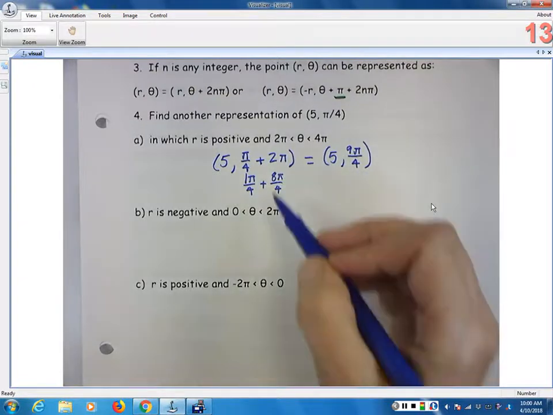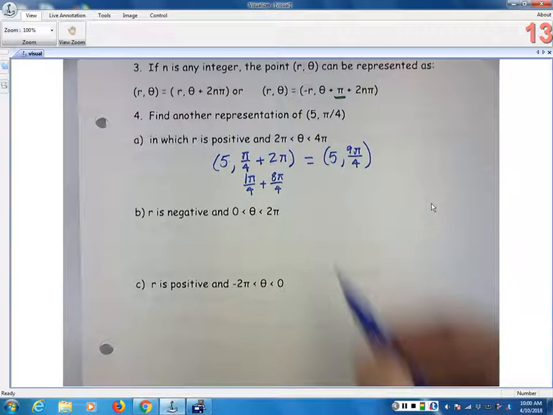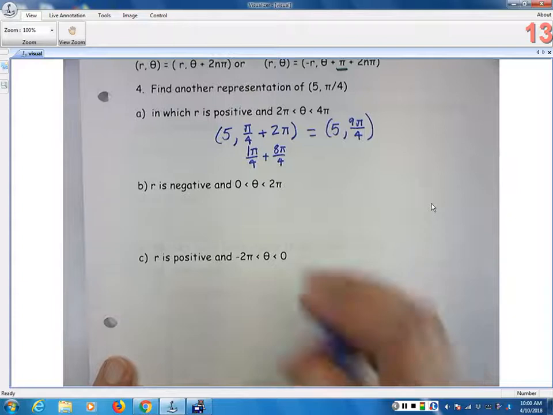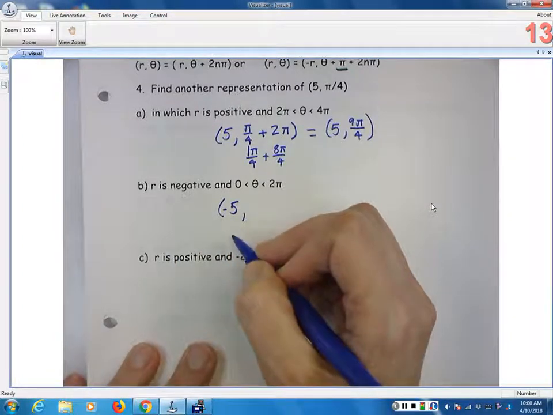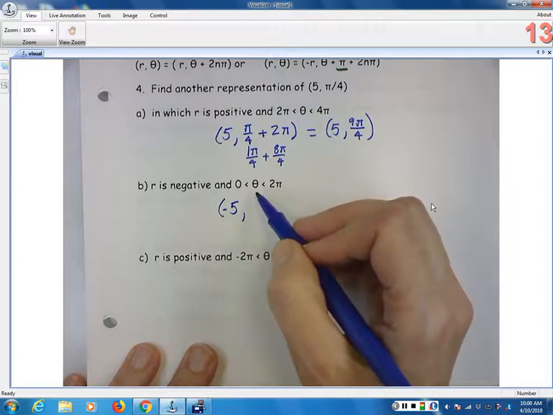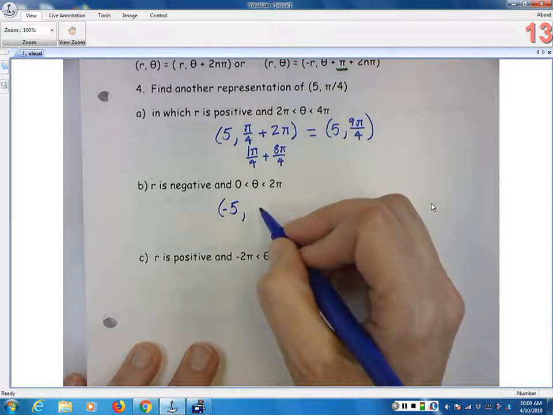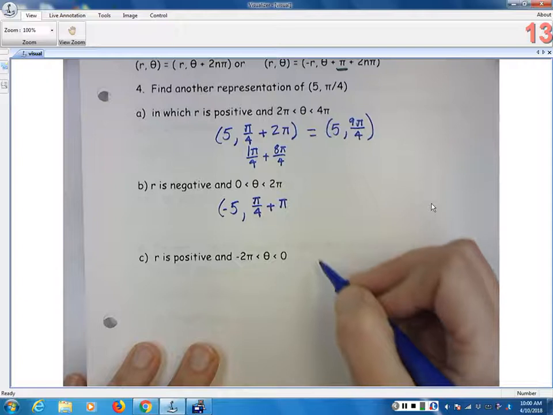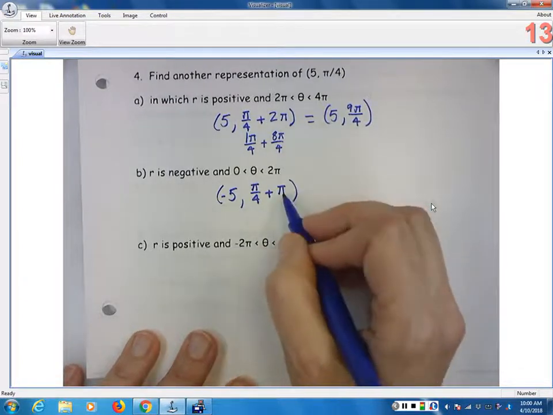We just added 2 pi to get it between 2 pi and 4 pi. Now we want r to be negative, as minus 5, and we want theta to be between 0 and 2 pi. So all we have to do is take pi over 4 and add pi to it. That will be 4 pi over 4, 5 pi over 4.